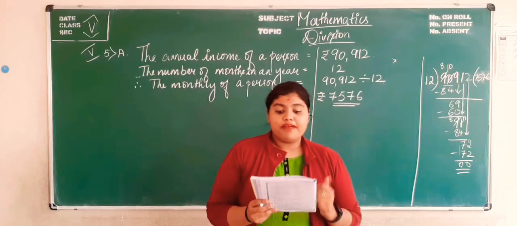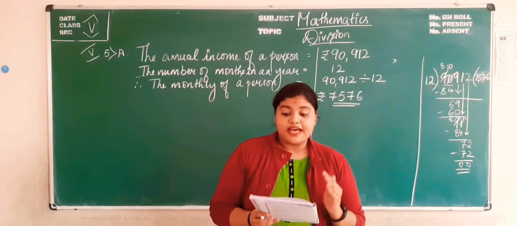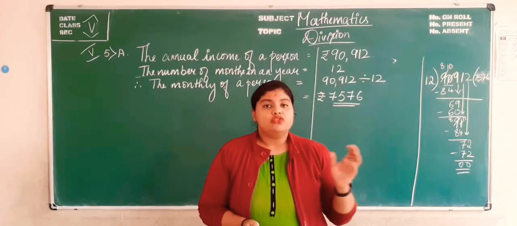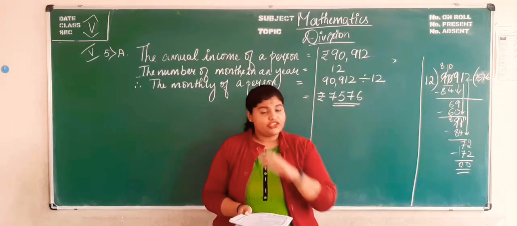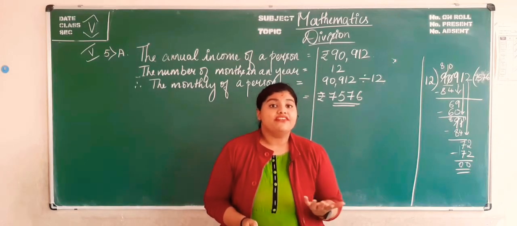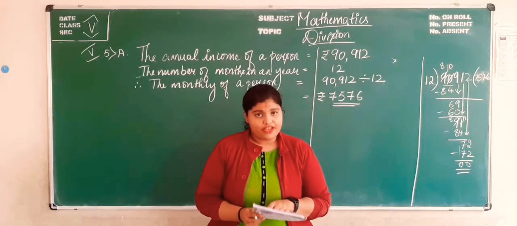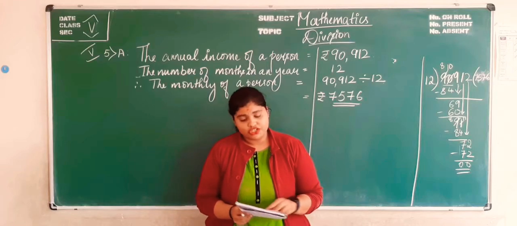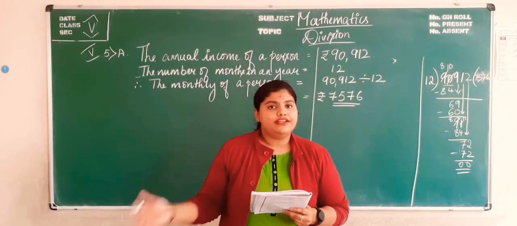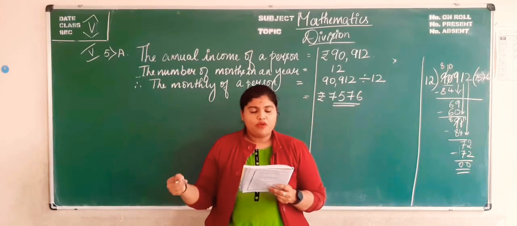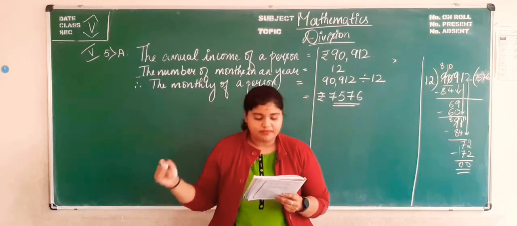A car manufacturing company manufactures 14,820 cars. So there was a car manufacturing company where they manufactured cars. They are telling that this company has manufactured 14,820 cars in 13 months. So in how many months? In 13 months, right?